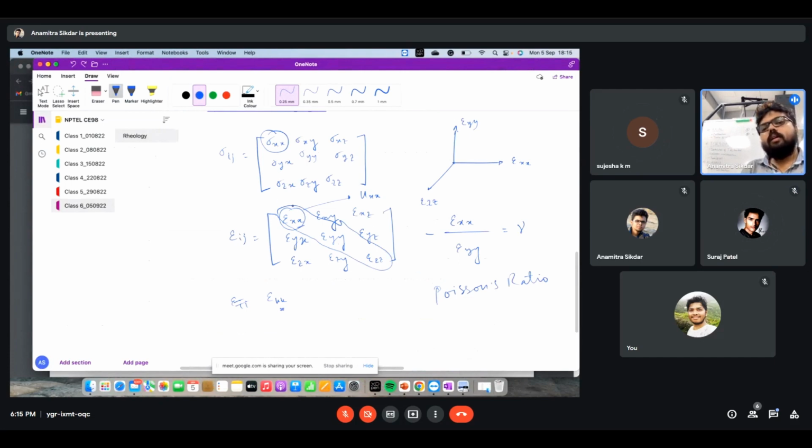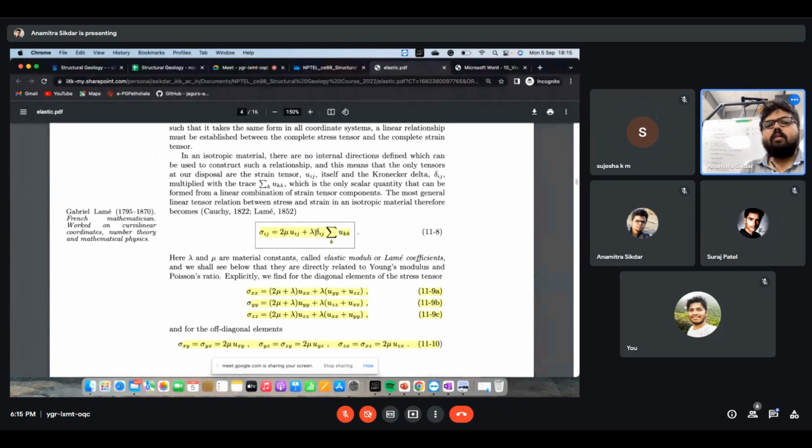Whichever part is in the diagonal portion of the matrix gives you EKK, and everything else gives you EIJ, right? And if you multiply a Kronecker delta with it, everything except the diagonal term becomes 0, because that is how Kronecker delta is defined: if i is equal to j, then this becomes 1, otherwise it becomes 0.